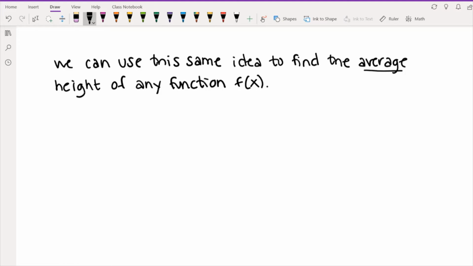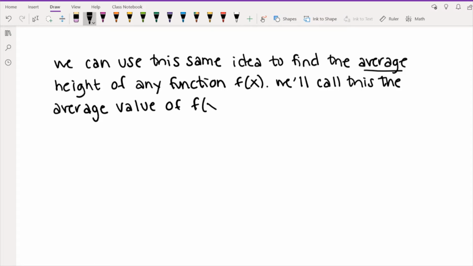And instead of calling it the average height, we're going to call it the average value of the function. Because when you talk about the value of the function, you're always referring to the outputs or the y values, which is the same thing as the height, right? So we'll call this the average value of the function.